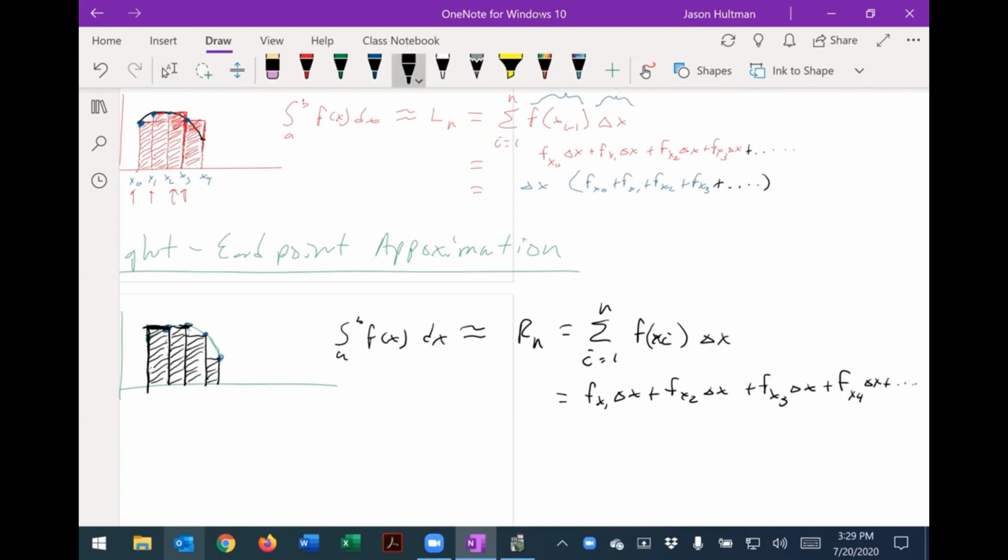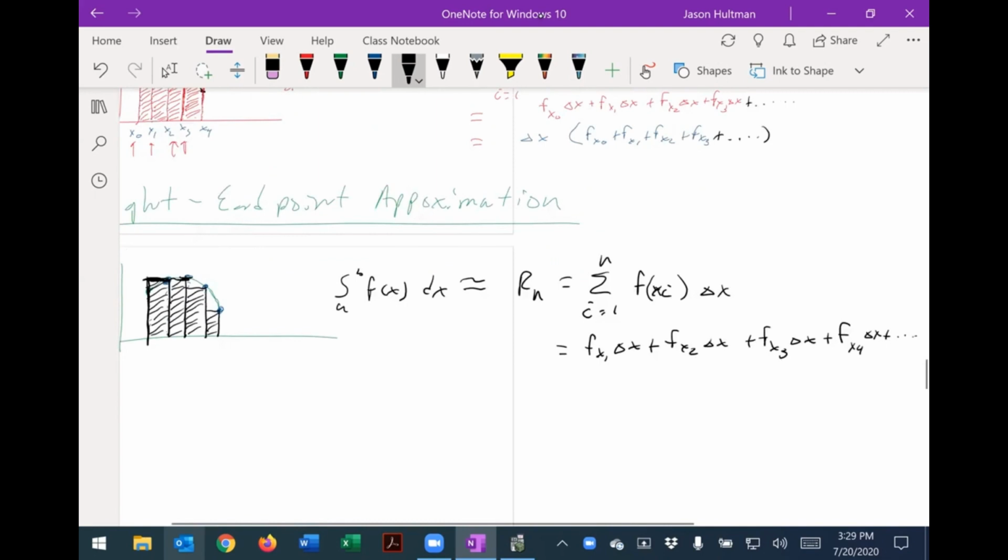Then we can factor out that delta x: f of x1 plus f of x2 plus f of x3 plus f of x4 plus dot dot dot forever. And that's our right endpoint approximation.